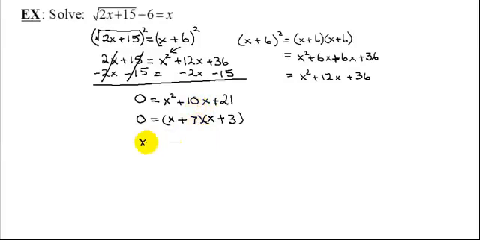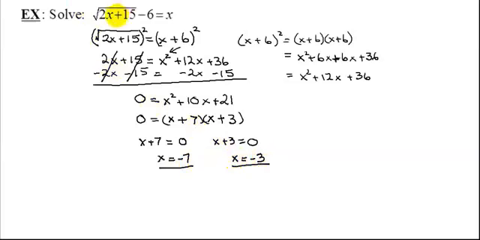Once it's factored, remember you take each factor and set it equal to 0. Here we subtract 7 from both sides. Here we subtract 3 from both sides. So right now it looks like I have two solutions.